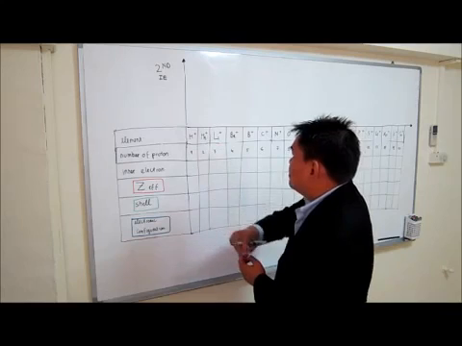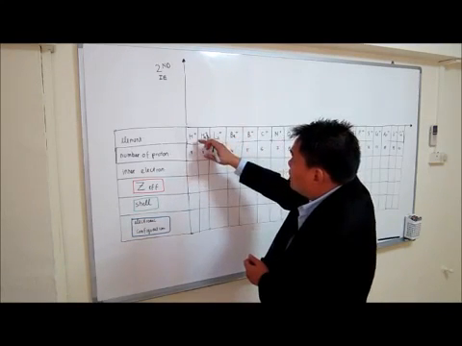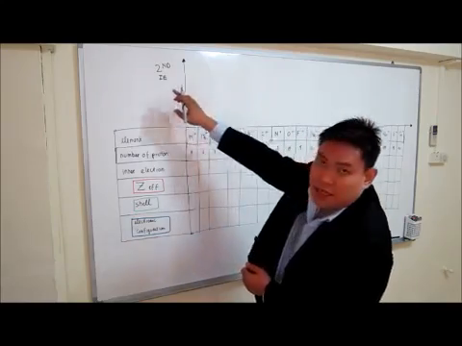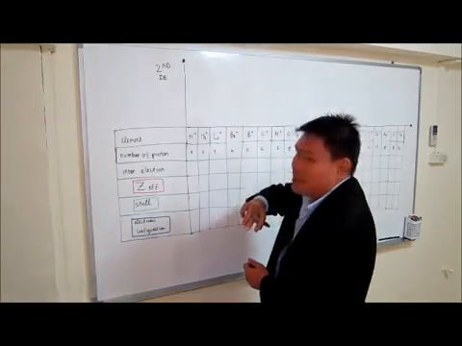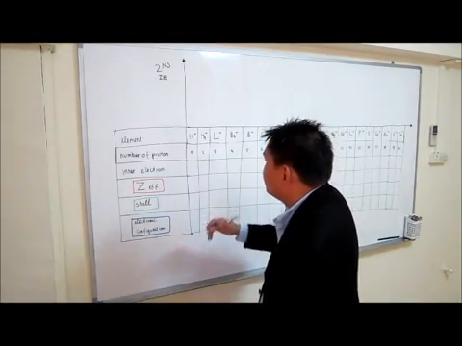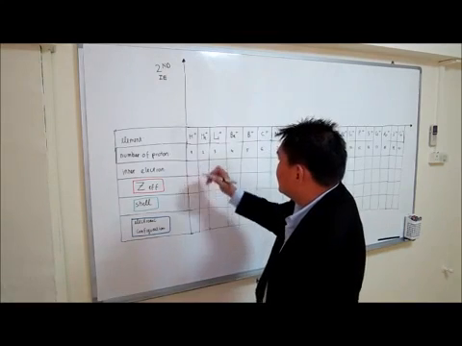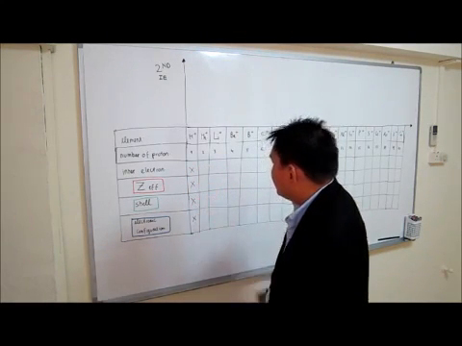In the case of H+, you're not going to have the second ionization energy for hydrogen in the first place, because hydrogen has only 1 electron. You cannot take the second electron from H+. So we are going to leave this column empty.